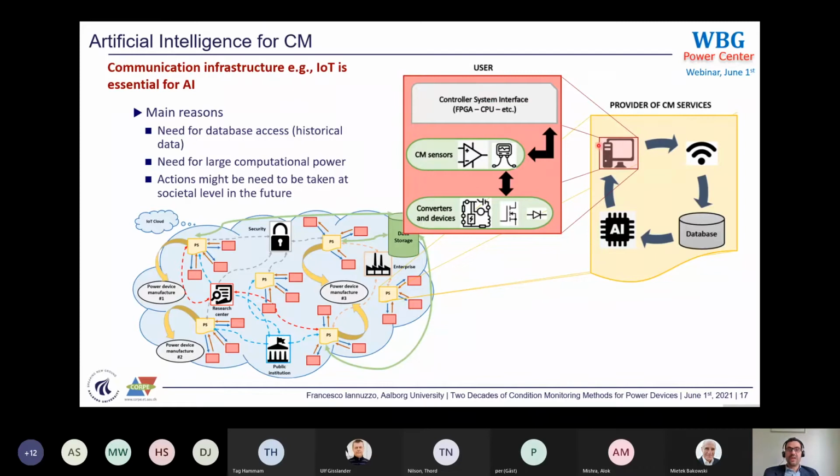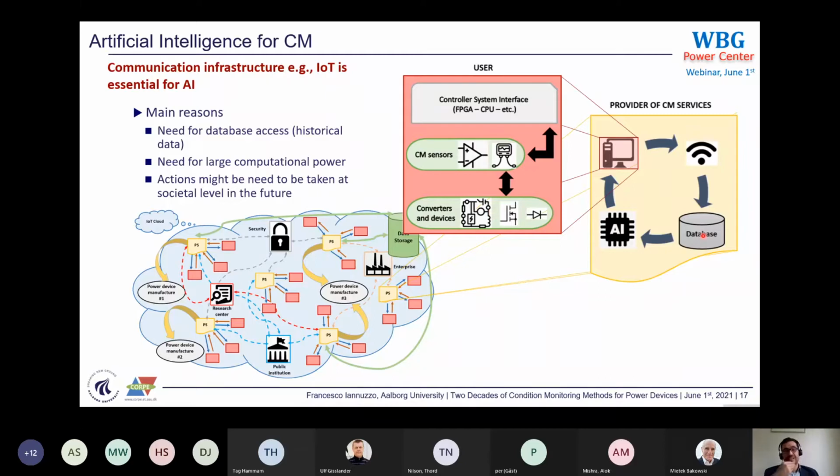So if we move one level up to the other world, then we need what is called a service provider, which is able to collect this data from the controller system interface and transmit it to the closest central station. And then, of course, you need a process. So you have condition monitoring data. So what? You need to compare probably with a database or a data storage.